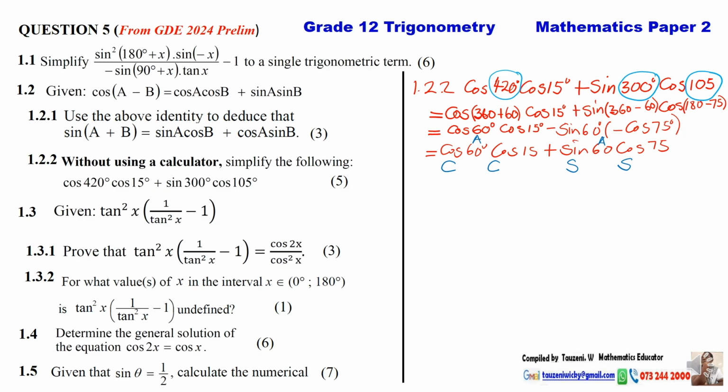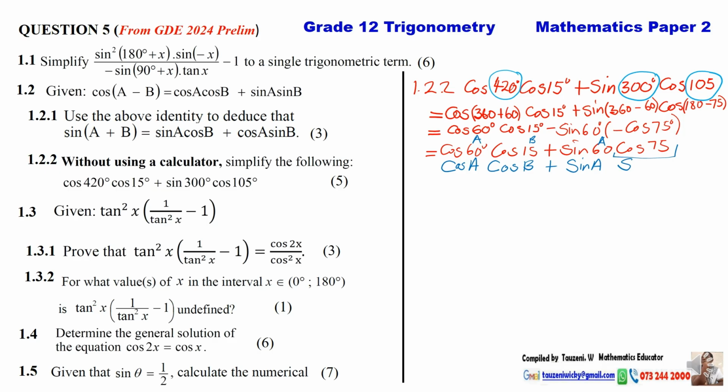If I make that one A, then I have cos A in the first expression. Then if I make this one B, it means I've got cos B plus the sine of A. Now, for my formula to work, I must have cos A, cos B, sine A, sine B, which means this angle here must be 15 degrees. Now, how do I change cos 75 to sine 15 degrees?